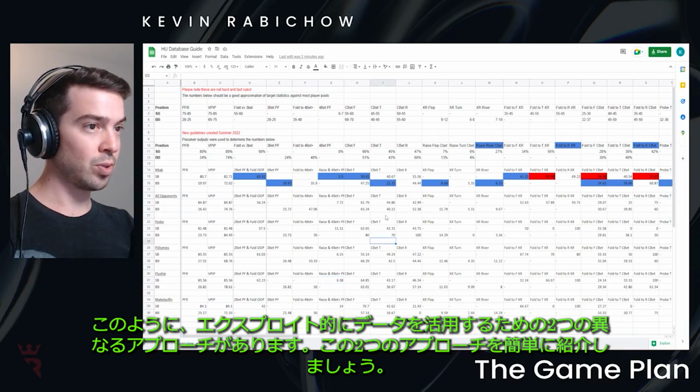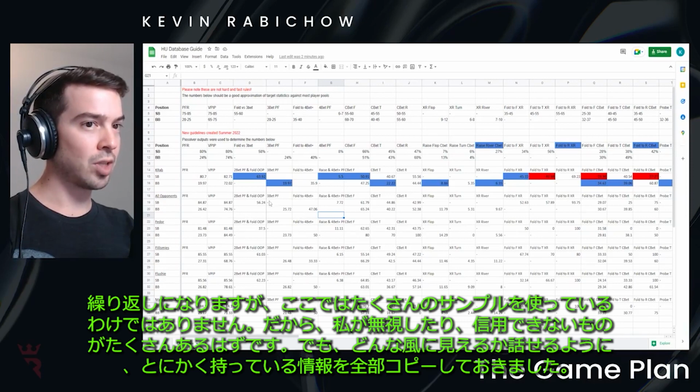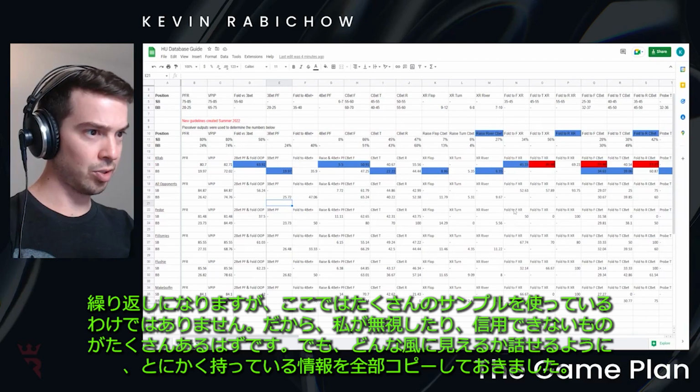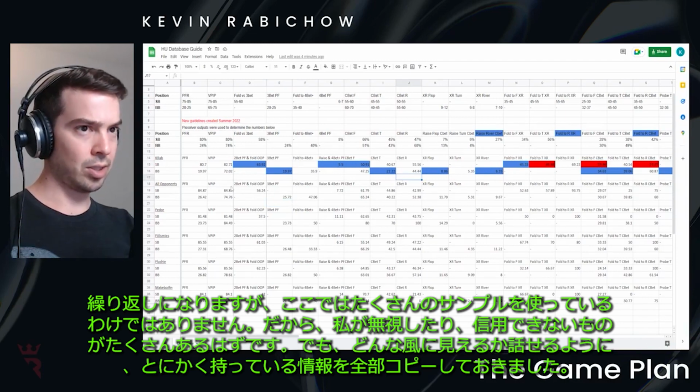So these are two different approaches to exploitative use of data, and I'll show you the very quick version of both. Again, we're not working with a lot of sample here, so there's going to be a lot of stuff that I ignore or wouldn't trust, but I've copied in all of the information that I have regardless so that we can talk about what that looks like.